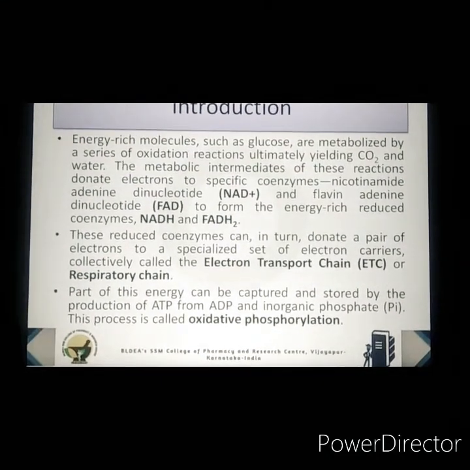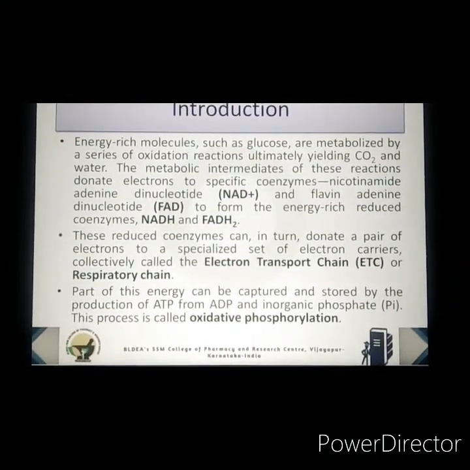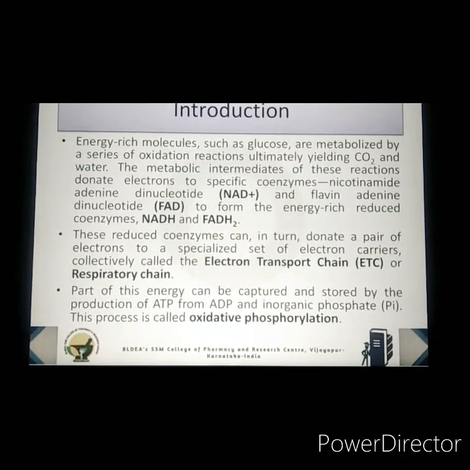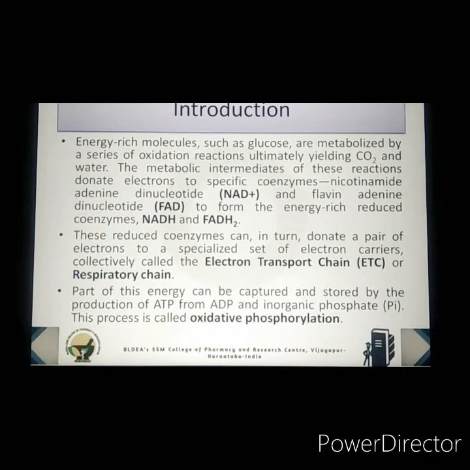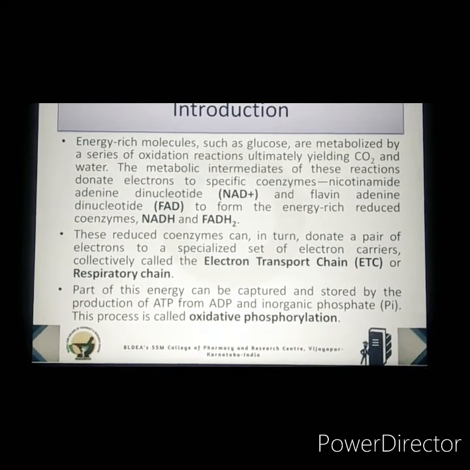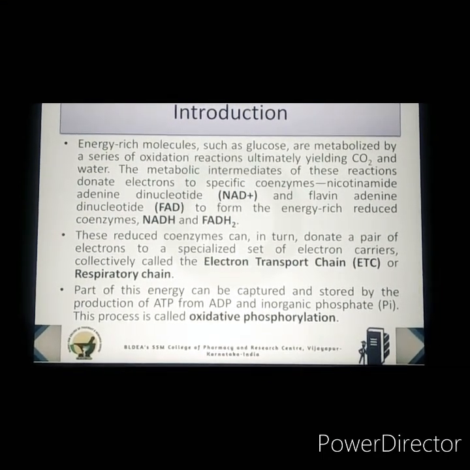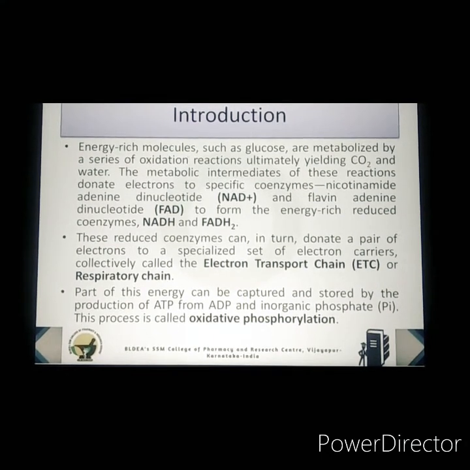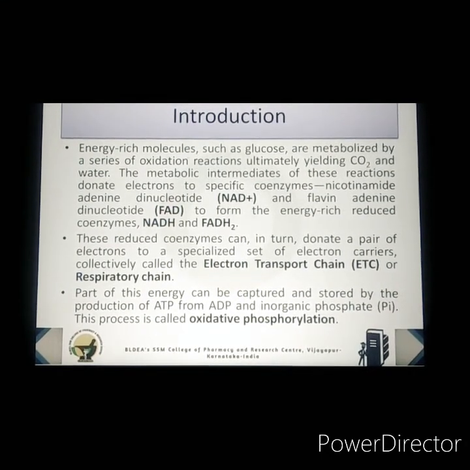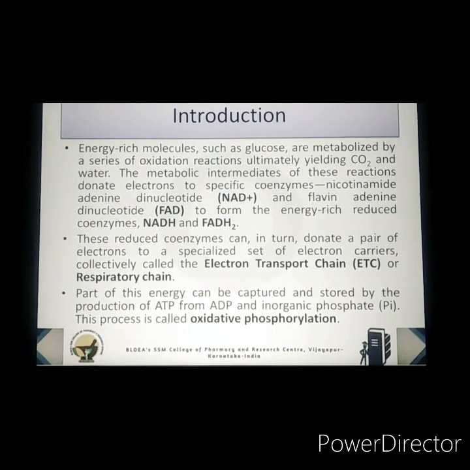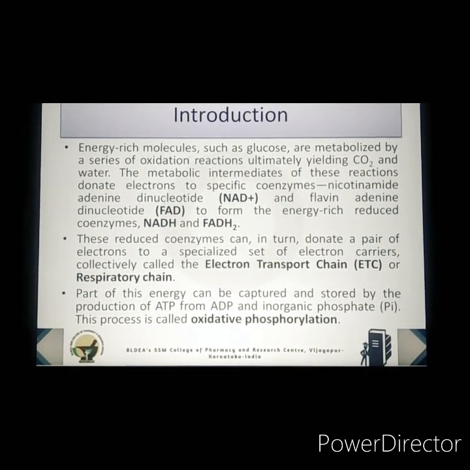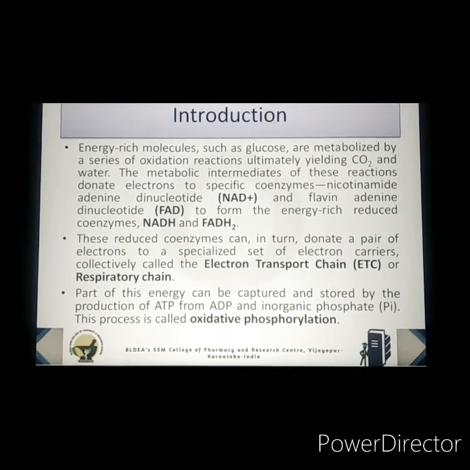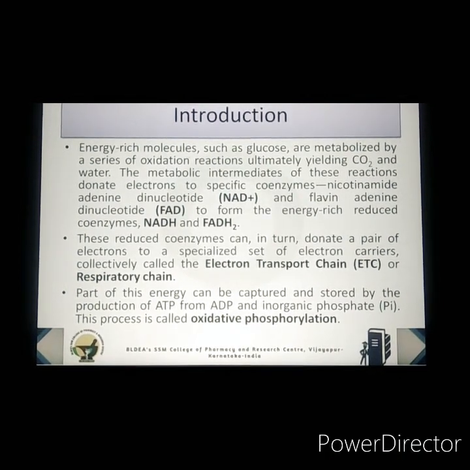Now coming to the definition of oxidative phosphorylation. Whatever the electrons and the protons are being transferred through the ETC, from that energy is generated, and some part of the energy that is released during the electron transport chain is utilized for synthesis of ATP, specifically from ADP and inorganic phosphate.